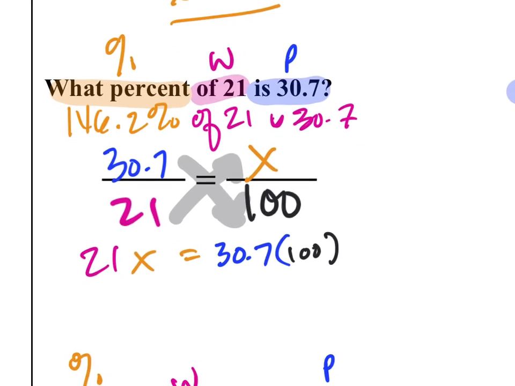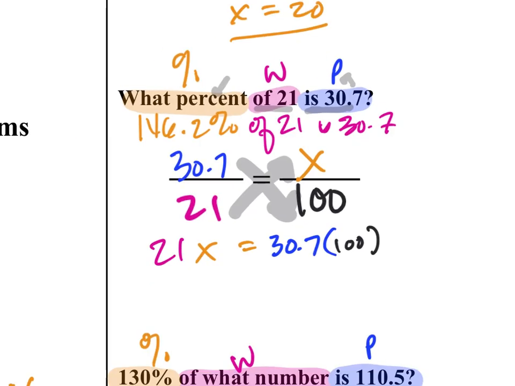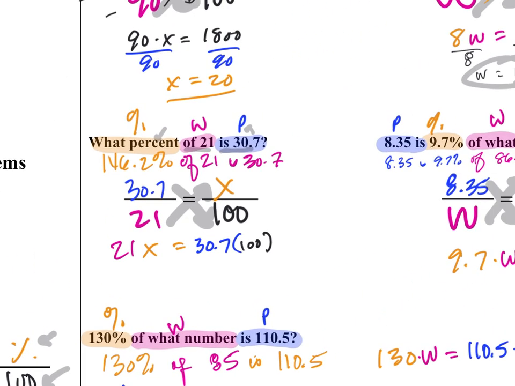Okay, so when I look at this one, again, they're asking me for the percent. The of is attached to the 21, so that's the whole. 30.7 is only attached to the is, so that must be the part. I put things in their place because, again, I have the part over the whole equals the percent over 100 every time on the percent proportion.